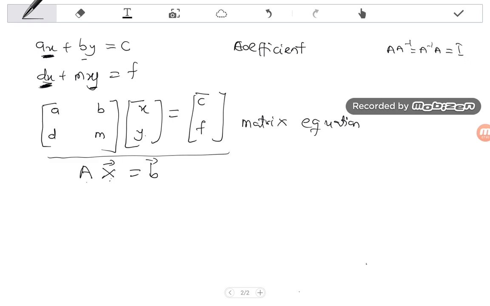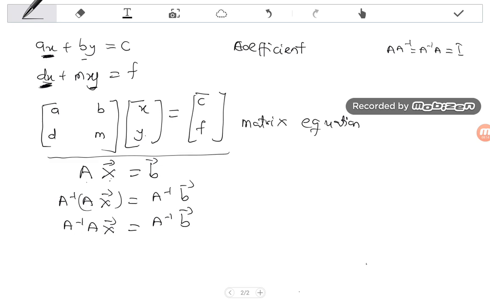Okay, so to be able to do that, we multiply both sides by A inverse to get rid of the A, and you do left multiplication. Okay, so A inverse times A times x is equal to A inverse times the vector b.